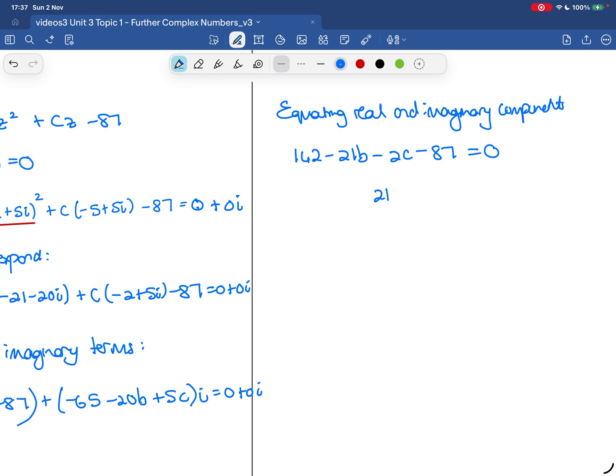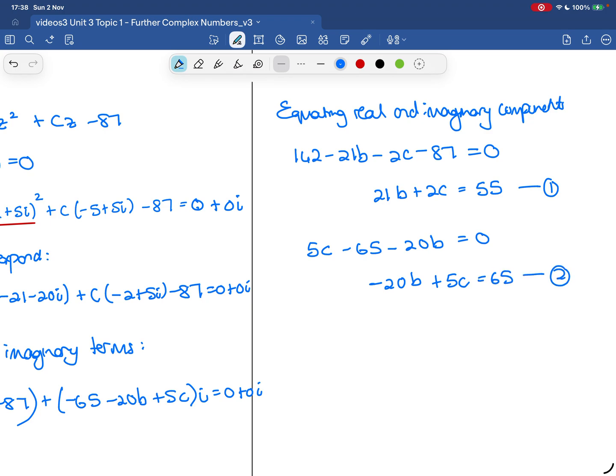So I have 21b plus 2c is equal to 55. And if I equate my imaginary components, I'm going to have 5c minus 65 minus 20b is equal to 0. And so I have negative 20b plus 5c is equal to 65.